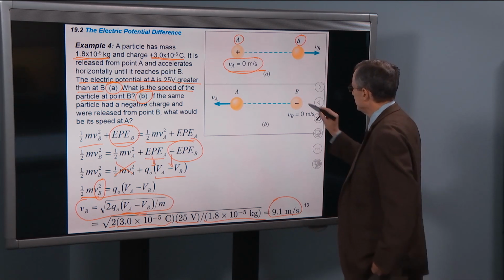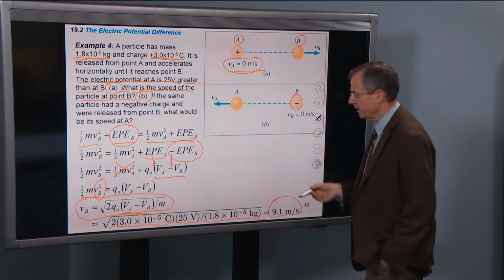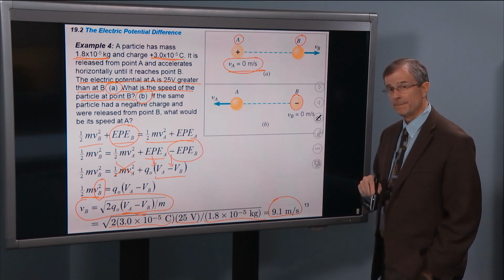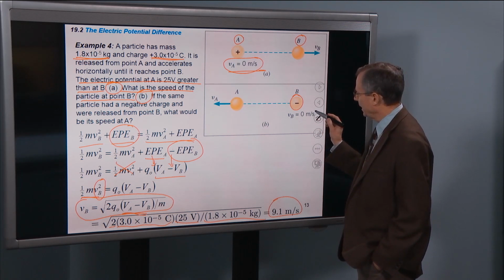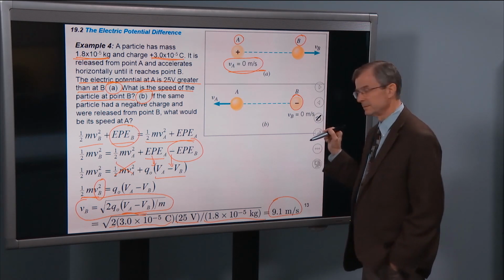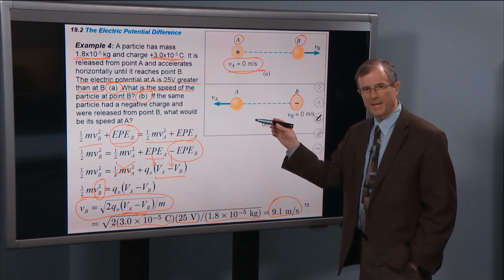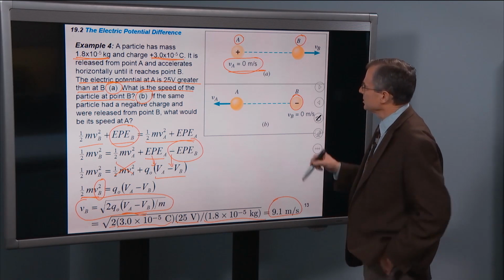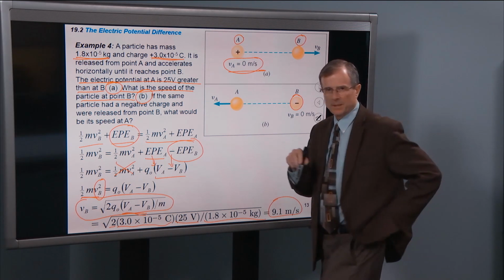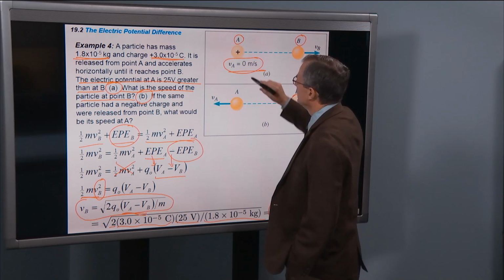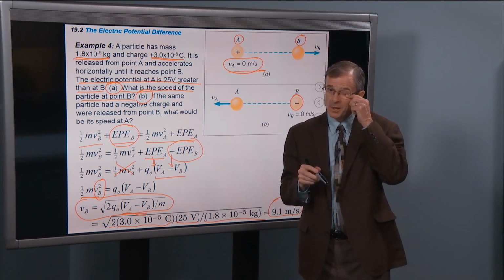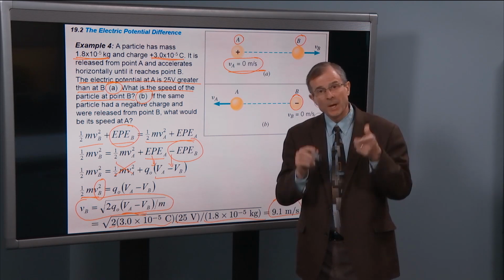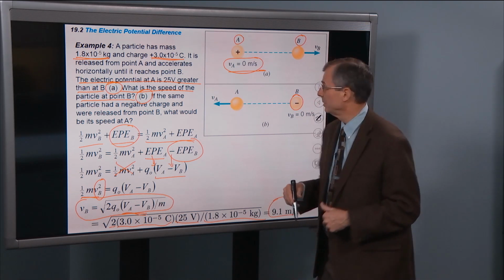Here's my negative charge. It's starting at point B, and it's going to get pushed toward point A. So remember from the last concept that we talked about that the electric force is going to push positive charges from higher potential to lower potential.